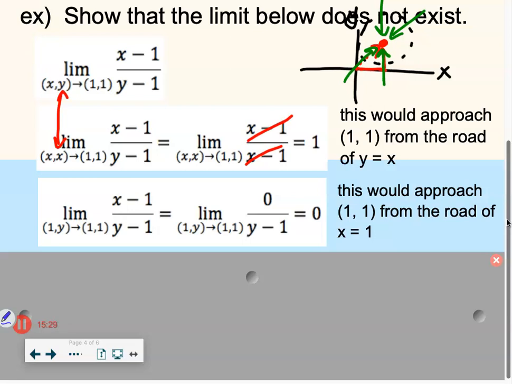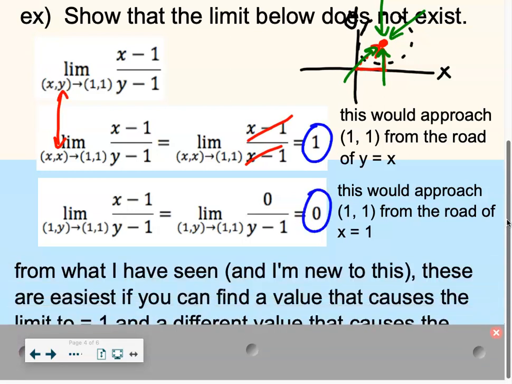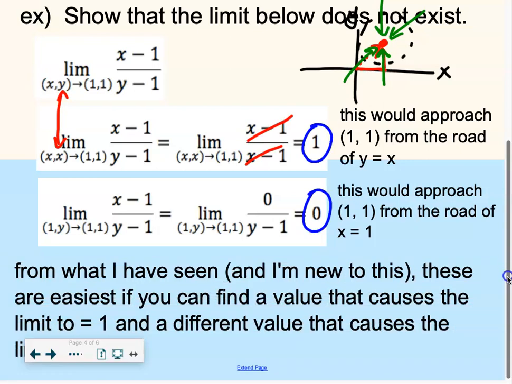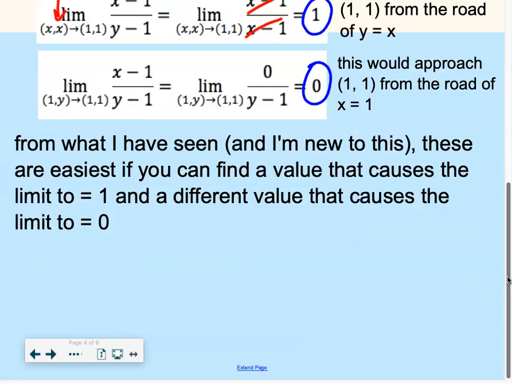So I know it's really weird, but you end up with a limit of 1 and a limit of 0. And as soon as you get two limits that don't match, then your limit doesn't exist. So here's what I wrote last year. The easiest ones for you to find are the ones where you get your limit to equal 1 and then your limit to equal 0.